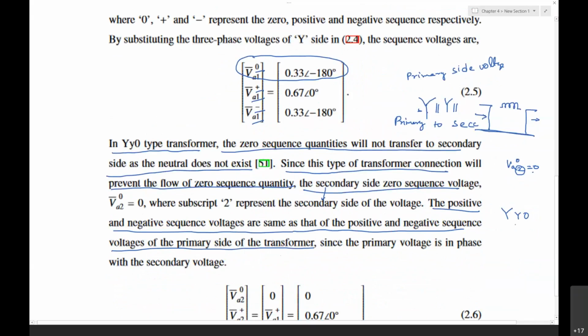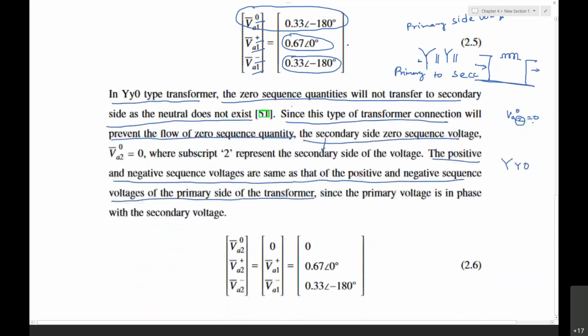So whatever primary side positive and negative sequence voltages we got, you can take as they are. VA2 naught is 0, VA2 positive is VA1 positive, and VA2 negative is VA1 negative.